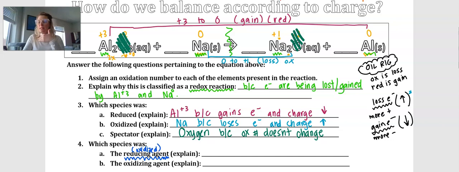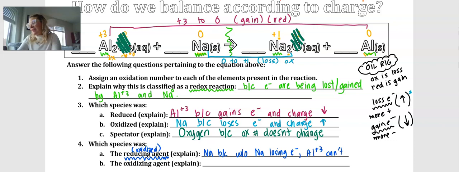And so our species that was oxidized was Na. So Na, because without Na losing electrons, Al +3 can't gain electrons. And so Na helps us by losing electrons so that reduction is possible, okay?